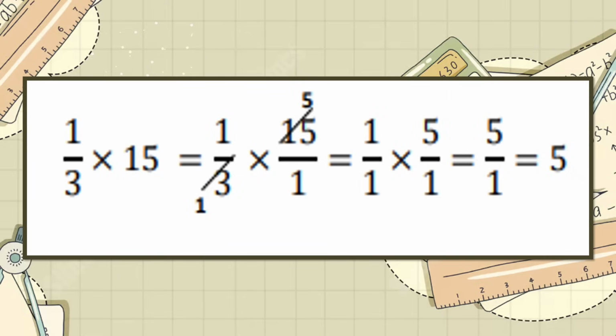Now we multiply the numerators and the denominators. 1 times 5 is equal to 5, and 1 times 1 is equal to 1. So the answer is 5 over 1. So we get a whole number. 5 divided by 1 is 5. So the final answer is a whole number, which is 5.